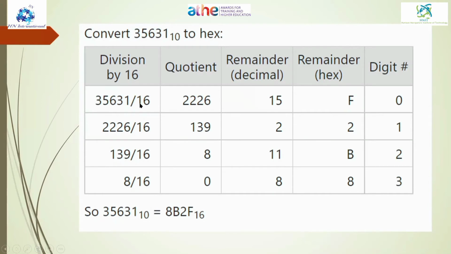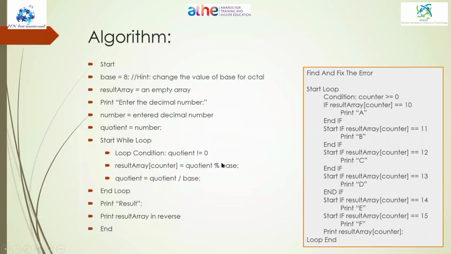If we divide this number by 16 and write this statement, we will get this quotient, but if we write a modulus here, we would get this remainder. That's what we are doing here, and this is the whole logic inside the loop. Then we end the loop and print the result.